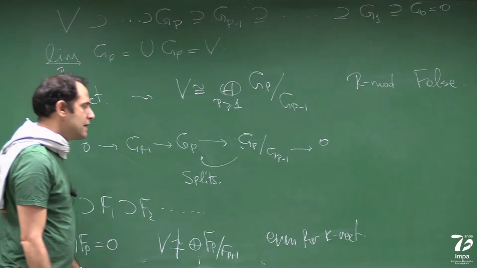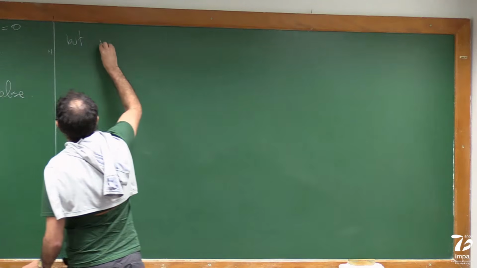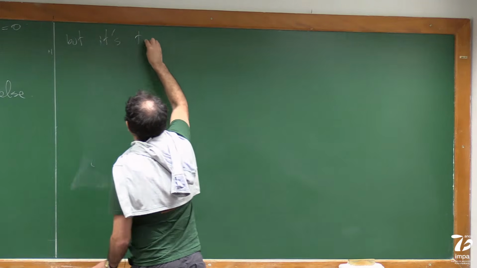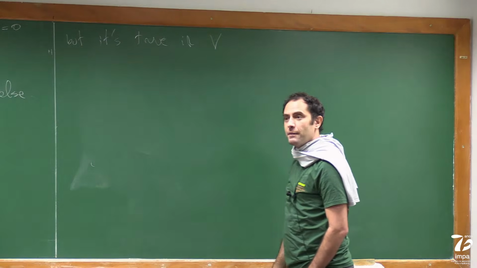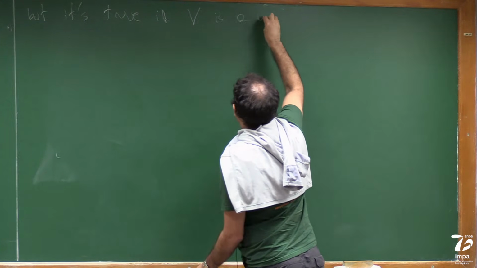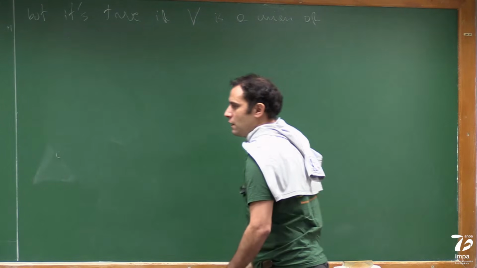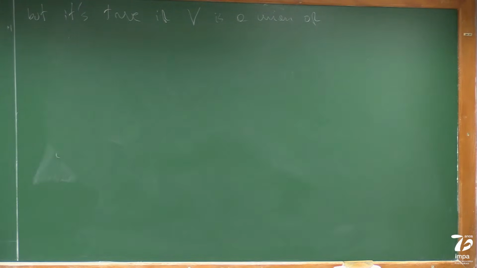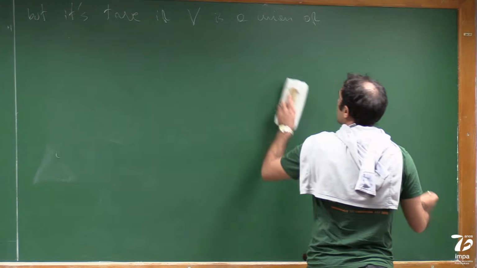But it is true if V is a union of finite dimensional vector spaces. So if V admits an increasing filtration by finite dimensional vector spaces.